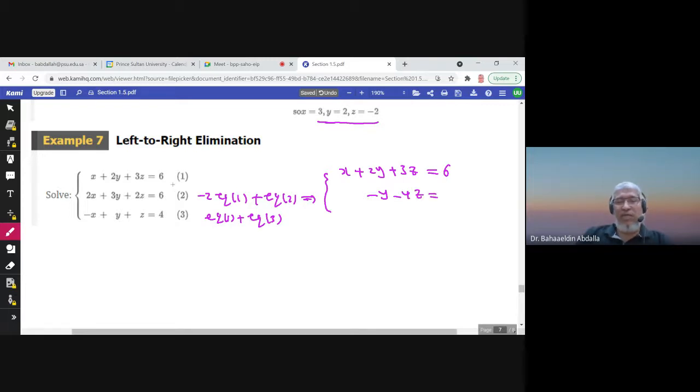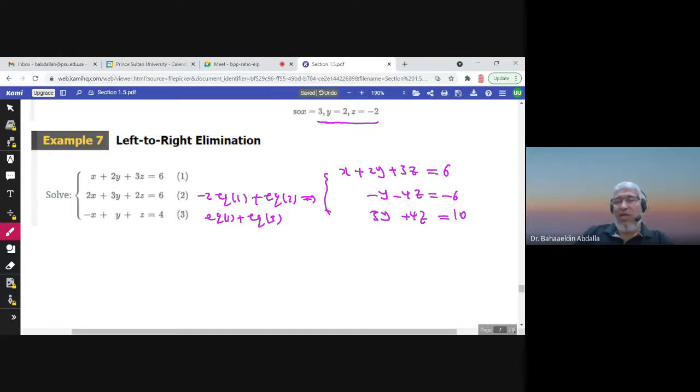Negative 2 times 6, negative 12 plus 6, negative 6. The third equation, just add x minus x, that's 0. 2y plus y is 3y. 3z plus z is 4z. 6 plus 4 is 10.